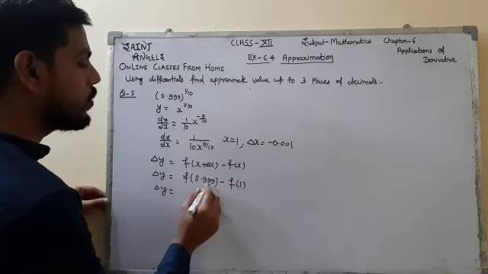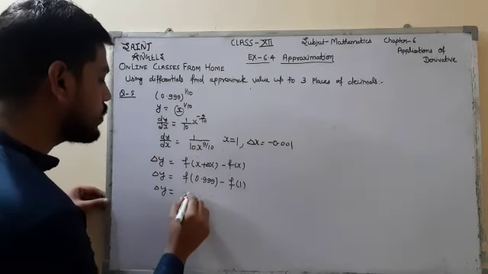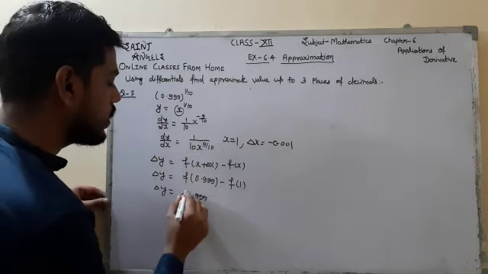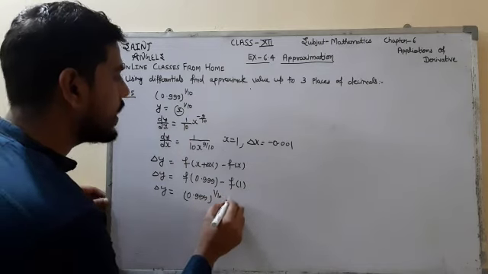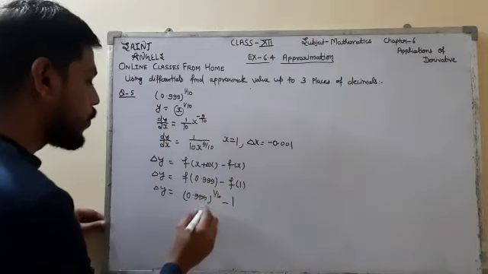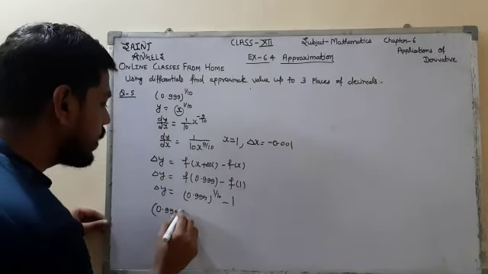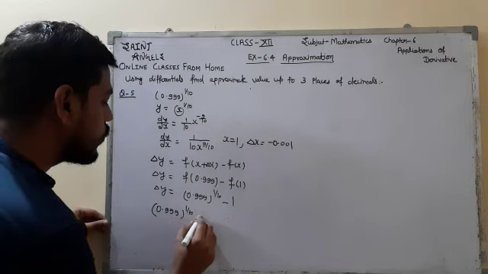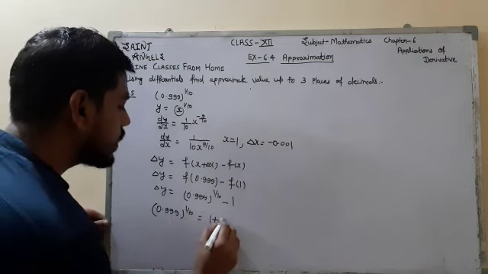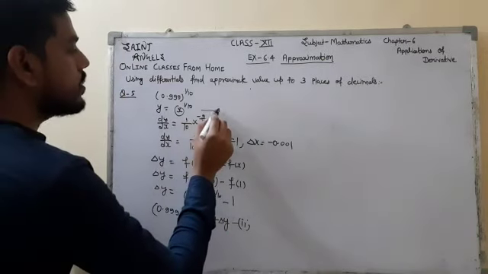What would be f(0.999)? Put this in place of x, so it becomes 0.999 raised to 1 upon 10, minus f(1). And 1 to the power 1 upon 10 is always 1. So from here, 0.999 raised to 1 by 10 would equal 1 plus delta y. Consider it as equation number 2, and this one as 1.